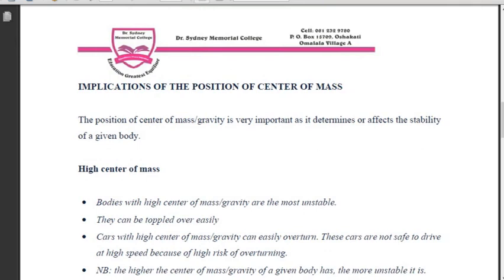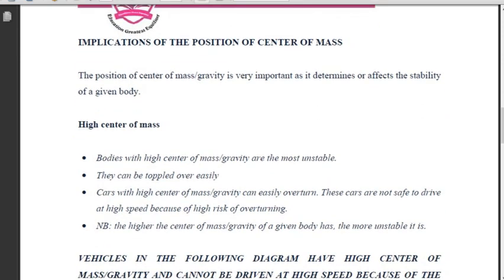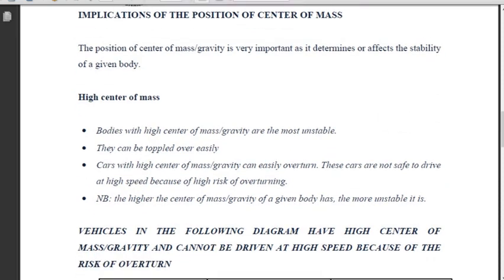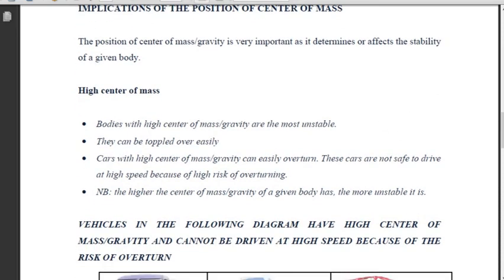Okay, so now that we have knowledge of the center of mass, if an object has a center of mass, what are the implications? Why are we talking about the positions of the center of mass? Observe how the center of mass is critical in determining the stability of a body.